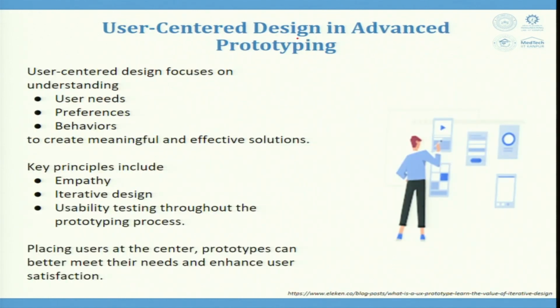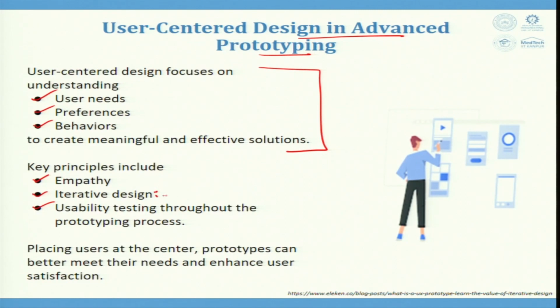User centered design in advanced prototyping. User centered design focuses on understanding user needs, preferences and behaviors to create meaningful and effective solutions. That is why there is a need of rapid prototyping. Here also the key principles which were discussed earlier are empathy, iterative design, and usability testing throughout the prototyping process.